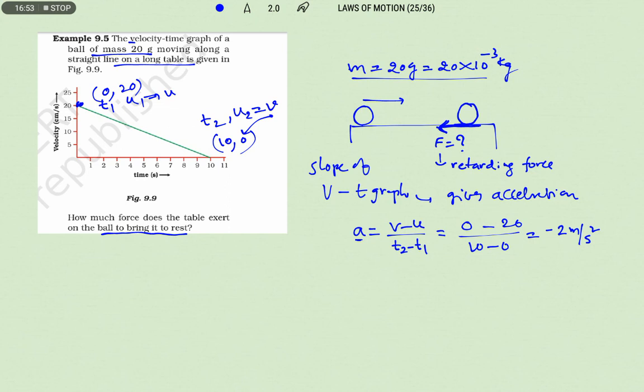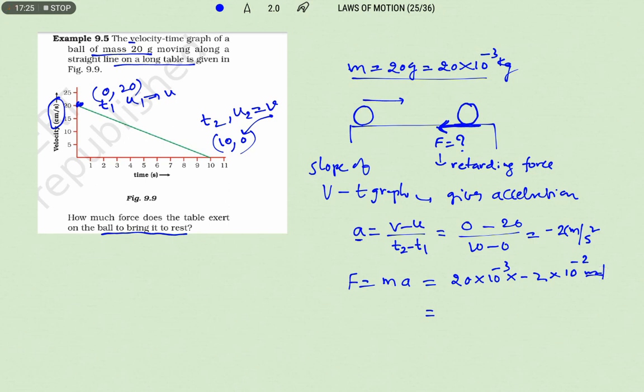table on the ball. Now our task will be easy. F equals ma. So 20 into 10 power of minus 3 into minus 2. So what are we going to get here? Sorry, here the velocity is given in centimeter per second, so centimeter per second square. By converting that into meter, it is 2 into 10 power of minus 2 meter per second square.